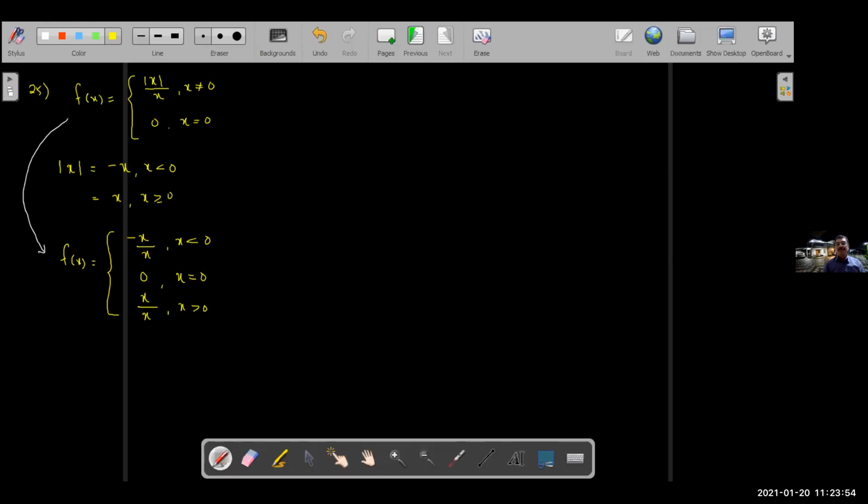Now, as in the previous case, if you are drawing the figure, again I repeat, figure is not a must. So if we draw the figure, we have 0, 1, 2, minus 1, minus 2.